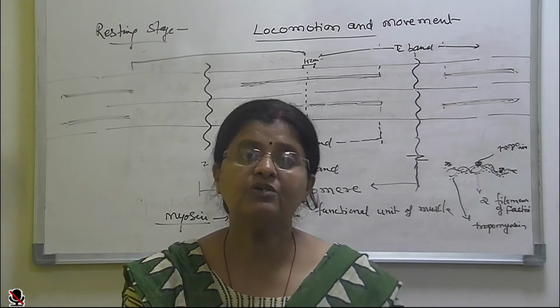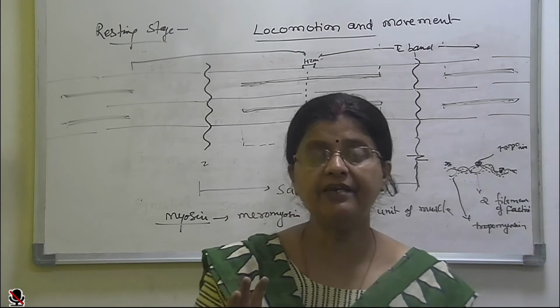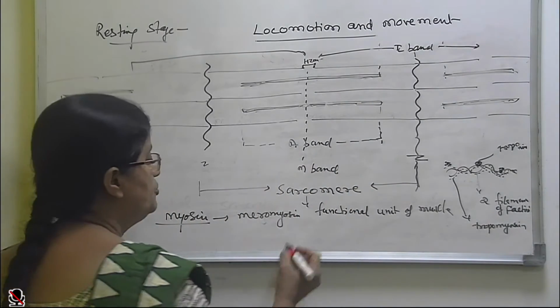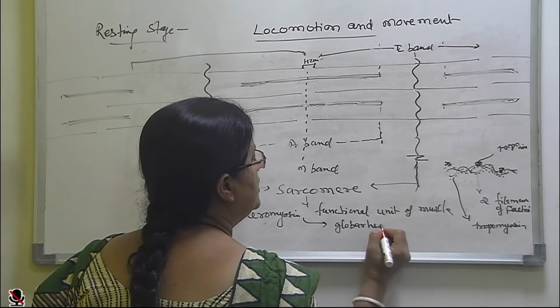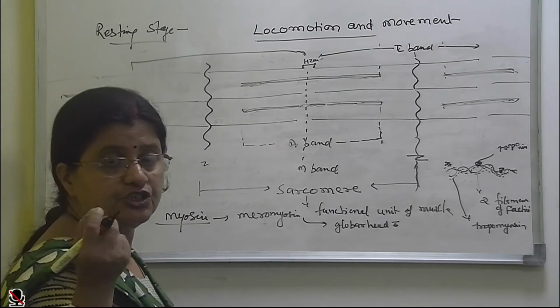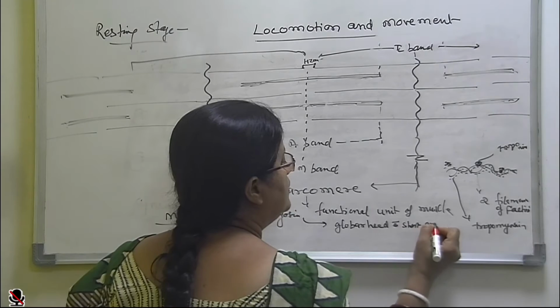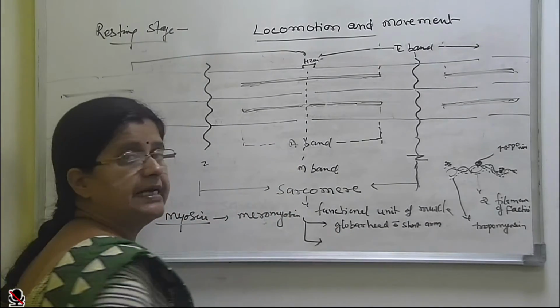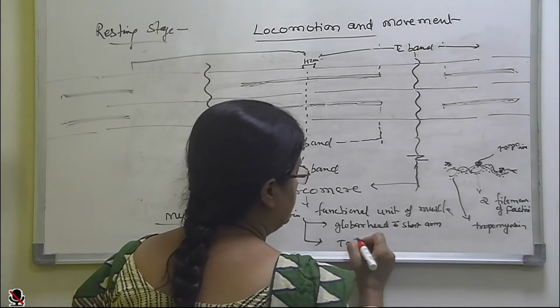Now, this meromyosin has two parts. The globular head with the short arm, and the second part is the tail, right?